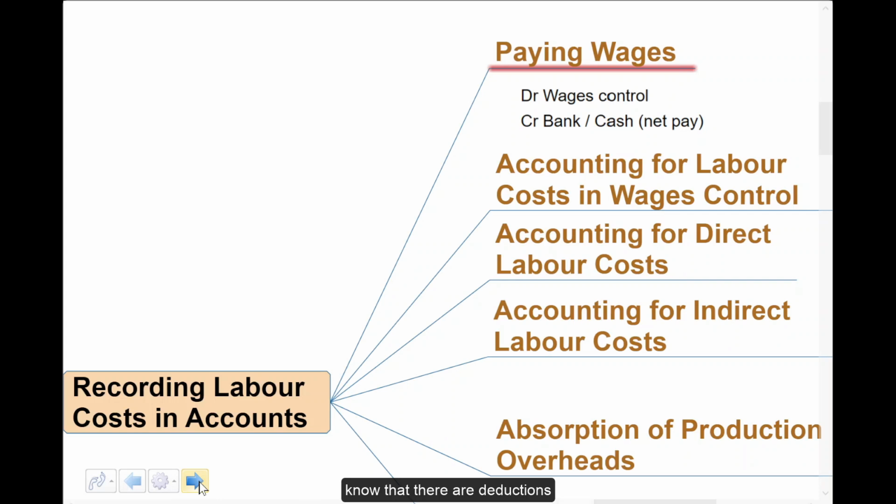And we know that there are deductions invariably from gross salaries, for example, in the form of social security or national insurance in the UK. So really, wages control is made up of a number of elements. The net pay is paid to individual employees, and obviously any taxes or PAYE, social security contributions or national insurance are paid over periodically to government bodies, tax jurisdictions.